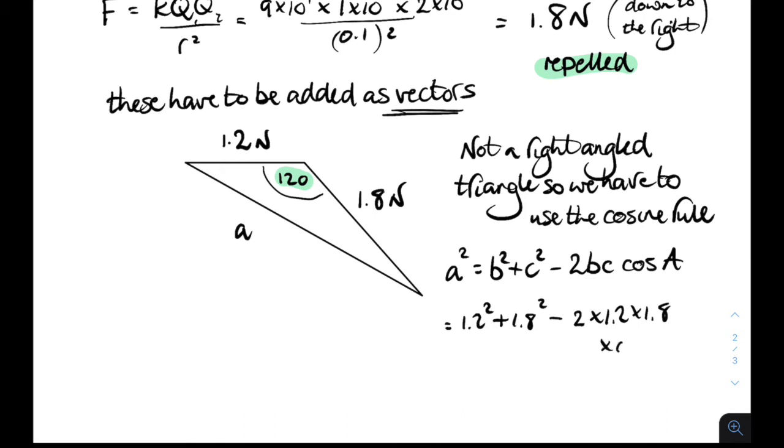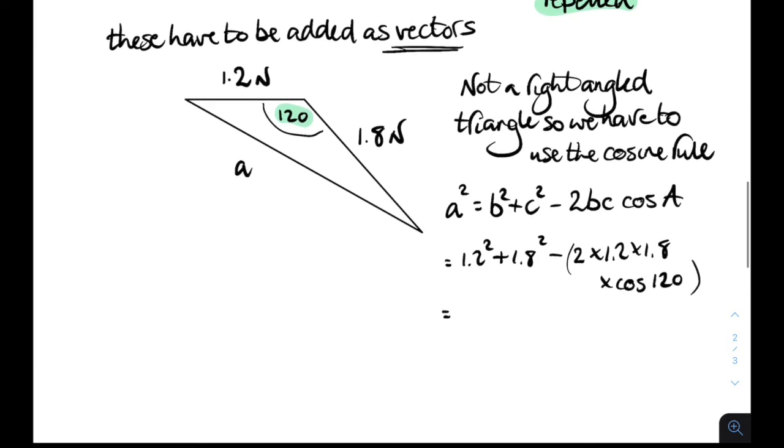Well, that angle is 120 degrees. If you do all that in your calculator, a squared works out to be 6.84. And then if we square root that, we're going to get 2.62 newtons. Now that's the magnitude of that side of the triangle.